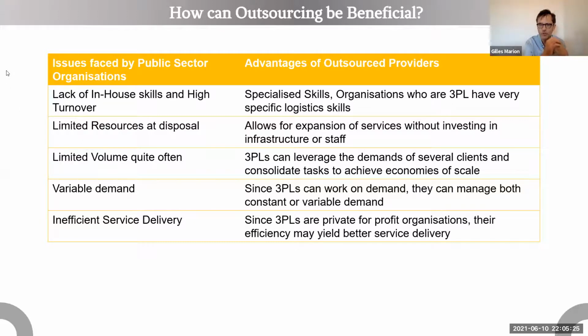Which control do you have on your own personnel? Which control do you have on the competencies within your organization? If you are an MOH organization, maybe your skills are not completely on supply chain or transportation or security.